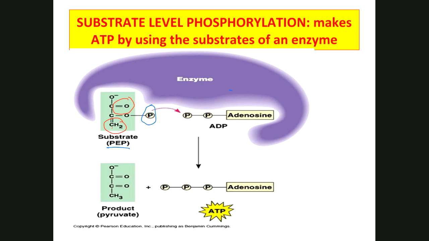So this is a phosphate that can be removed because it's surrounded by reactive chemical groups. So the enzyme is going to remove the phosphate and attach it to ADP, producing ATP, and the PEP is now turned into pyruvate. So it's just a matter of removing the phosphate and giving it to ADP, and that's a process that happens by the action of this enzyme.